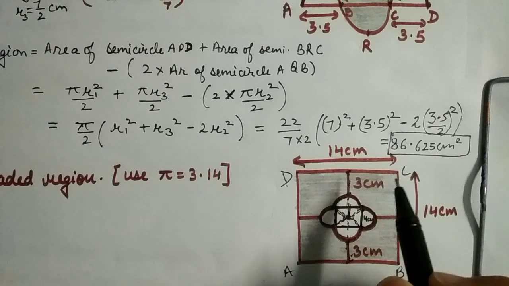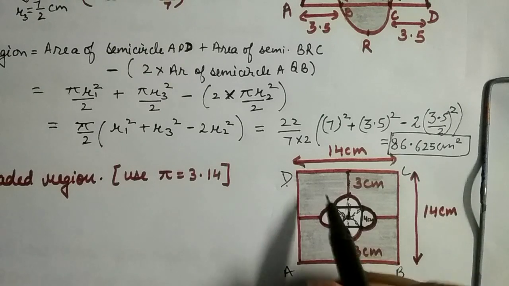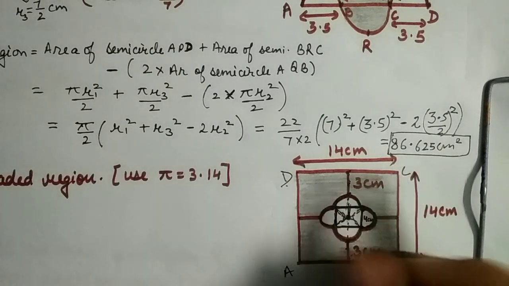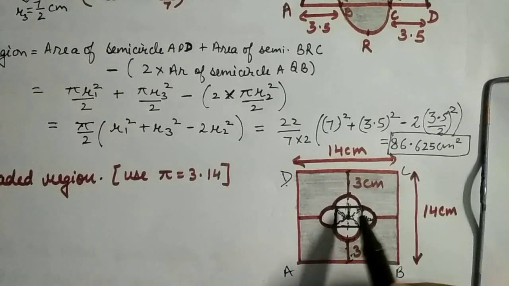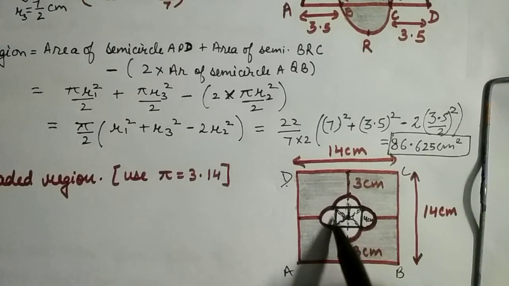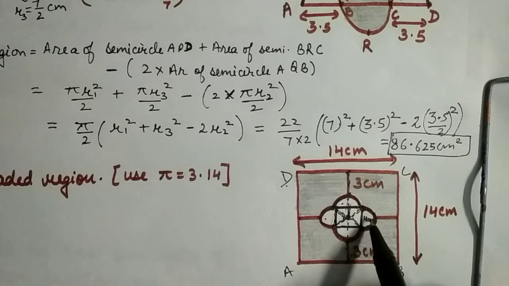Now in order to find the area of the shaded region, what we will do, we will find out area of square ABCD and subtract area of this figure. Now what is the area of this figure? Area of this figure is area of this small square with side 4 centimeter plus area of the 4 semicircles.